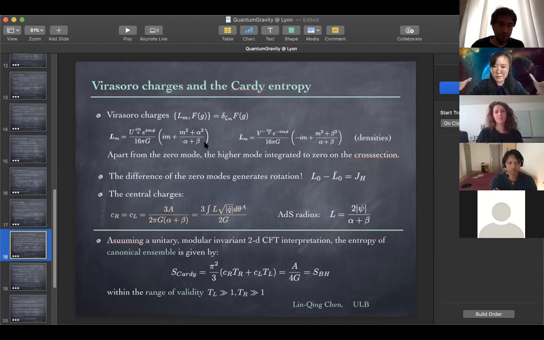This will depend on your asymptotic boundary, asymptotically AdS or asymptotically flat. But for near horizon region considerations, it doesn't matter.